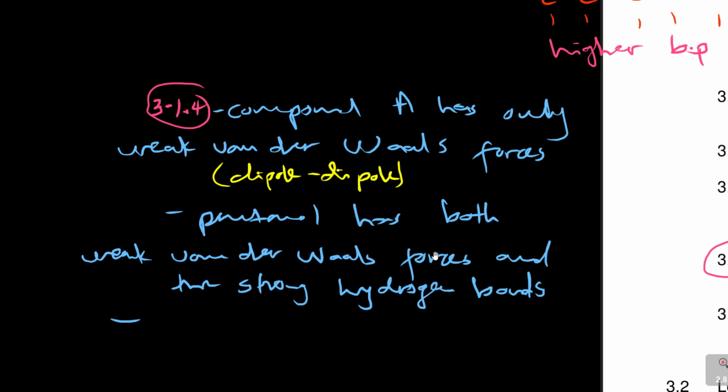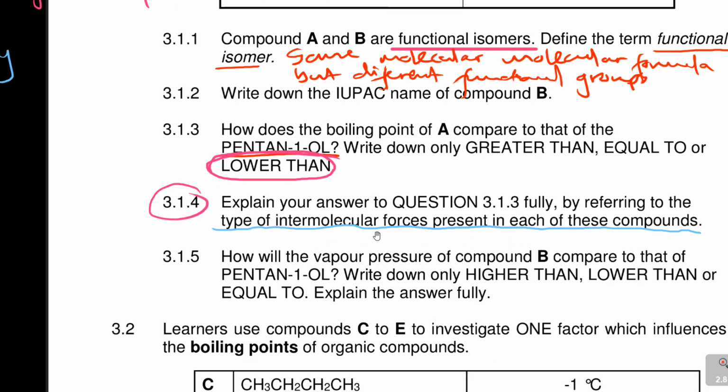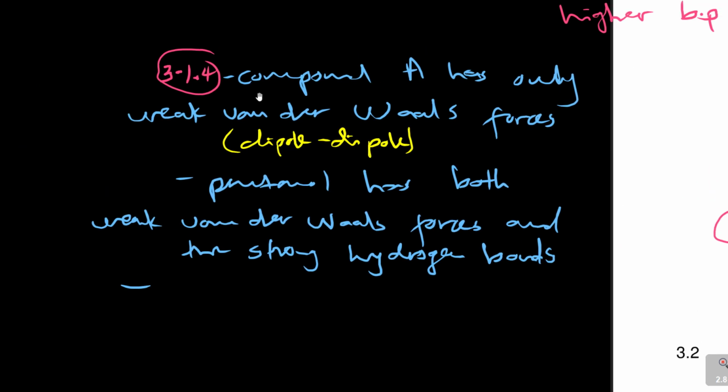Now, these are the intermolecular forces. They say refer to the intermolecular forces present. We have shown them. Now explain, what does this mean? Compound A, weak Van der Waals forces. Compound B, extra hydrogen bonds.